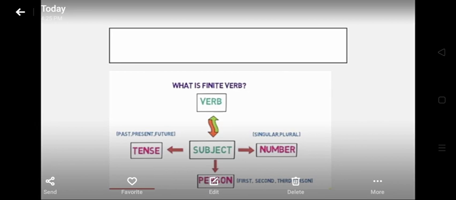The agreement of the subject and the verb has three parameters where the verb agrees with the subject. The first one is tense.